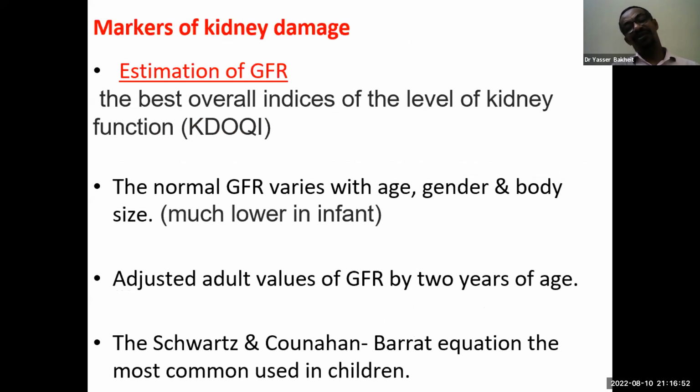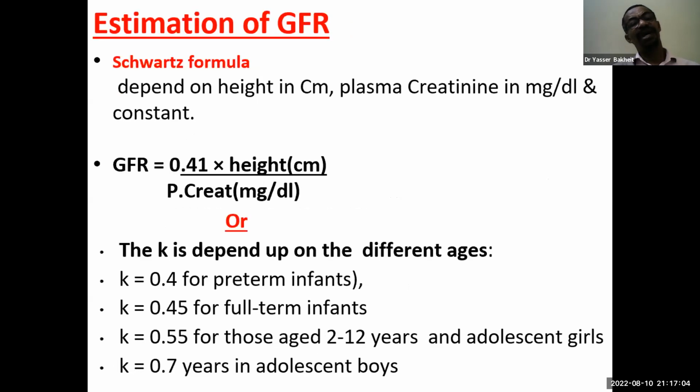Adjusted to adult values of GFR by 2 years of age, the Schwartz and Cockcroft-Gault equations are the most commonly used in children. Usually, the Schwartz formula depends on the height, plasma creatinine, and constants.